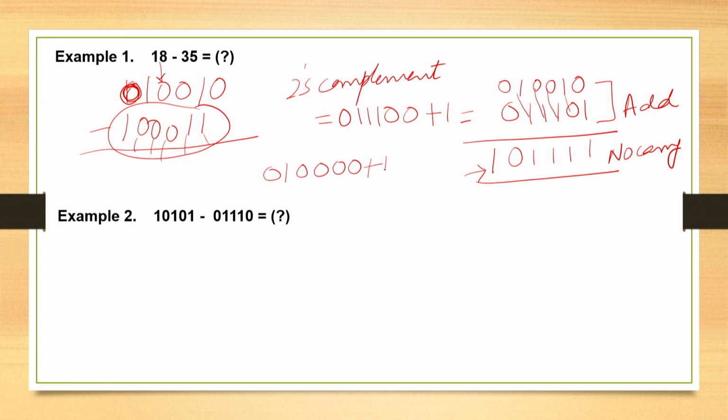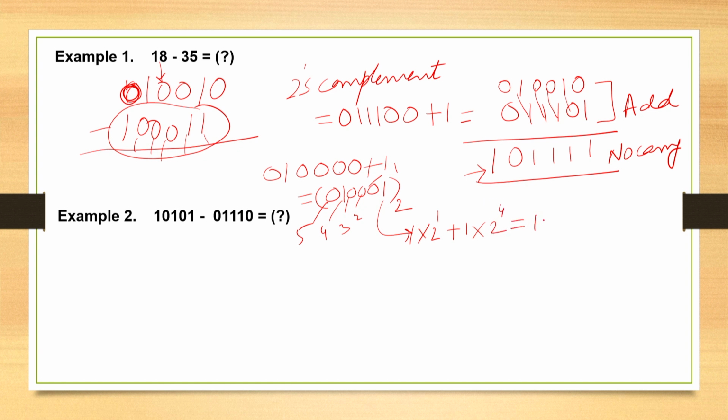So 2's complement becomes what? Add 1 over here. So you get 0, 1, 0, 0, 0, 1. This is the final result. So let's just find its decimal equivalent. So 1 into 2 to the power 0 plus 1 into 2 to the power 4.